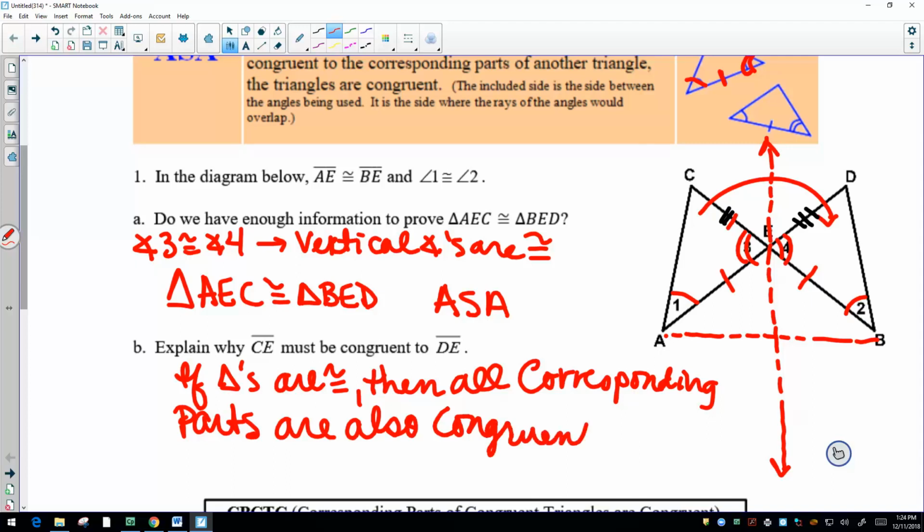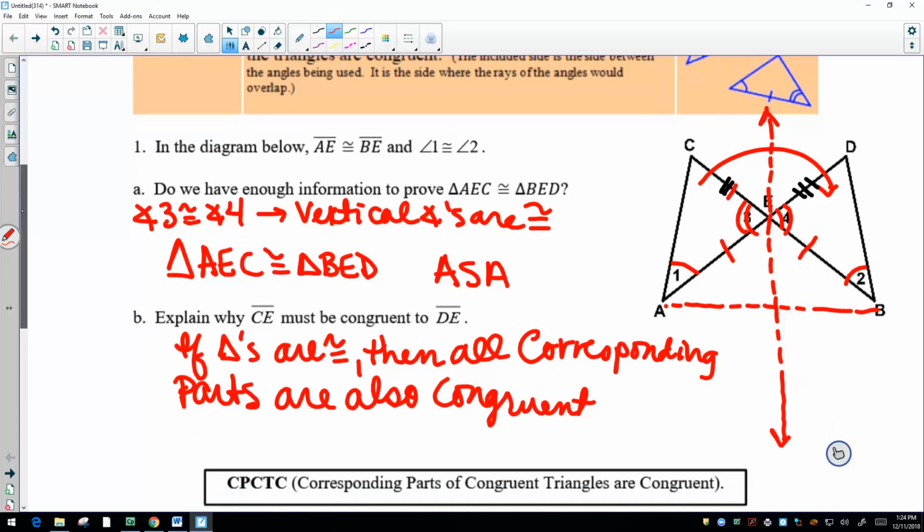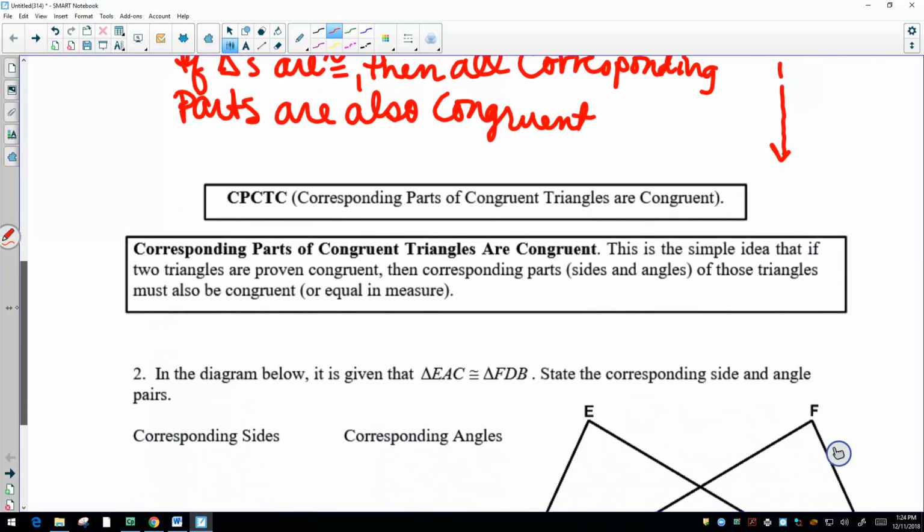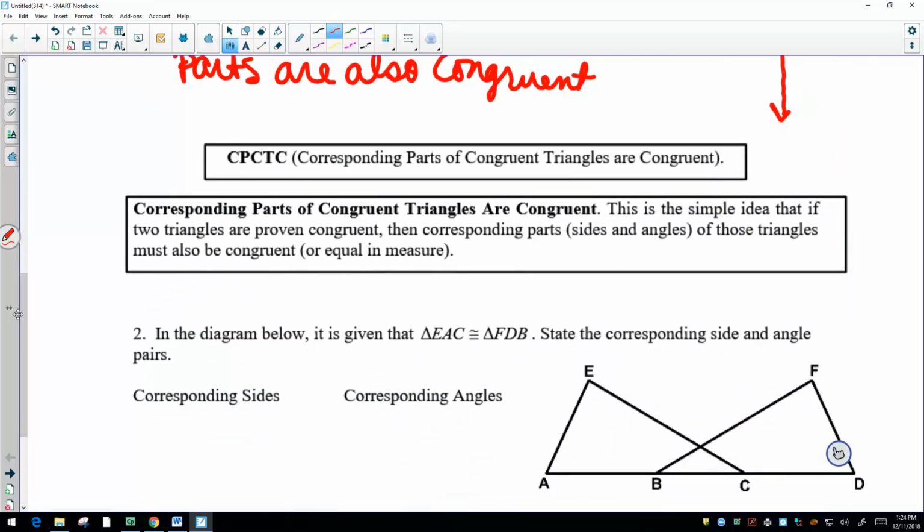And the nice thing that we get is an abbreviation, so we don't always have to explain that every single time. We get this abbreviation, CPCTC, standing for corresponding parts of congruent triangles are congruent. Big key thing here is it's of congruent triangles. I need to know that my triangles are congruent first before I can state that the parts are congruent.